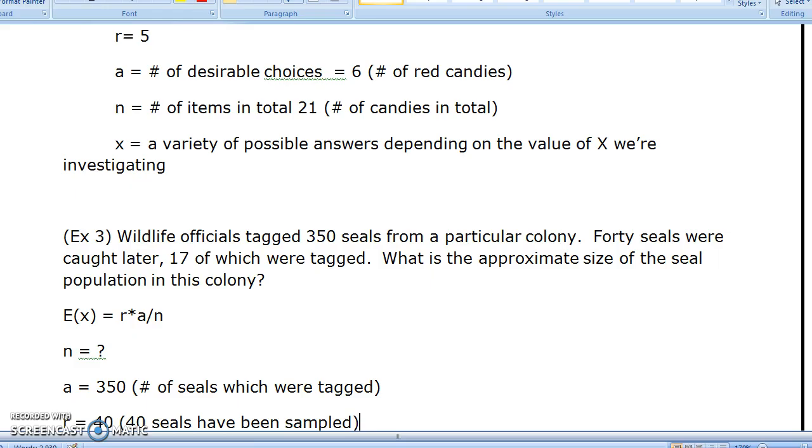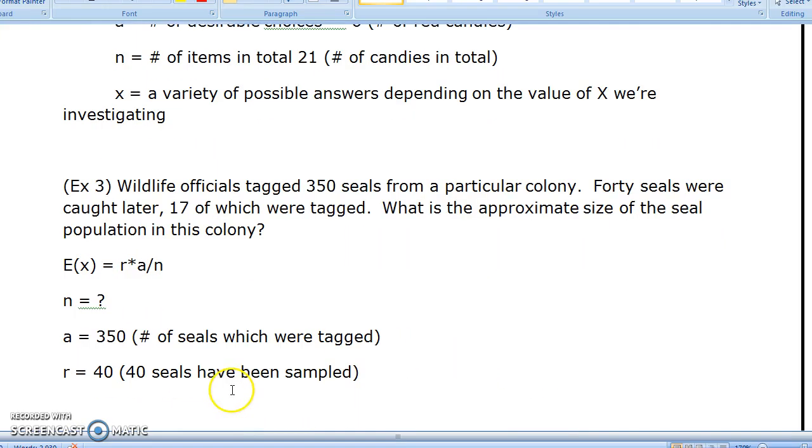So if you think about this, they went out and tagged a bunch of seals and then released them back into the wild. Later on, they capture a group of 40 of them and count how many of them are tagged. This is their strategy for estimating the size of an animal population, because you can't go around and count each individual one. We use this sampling technique instead.